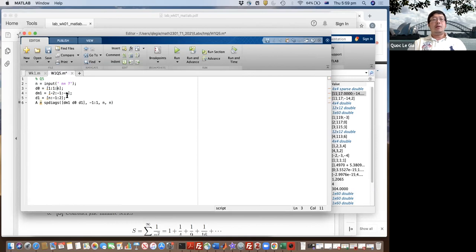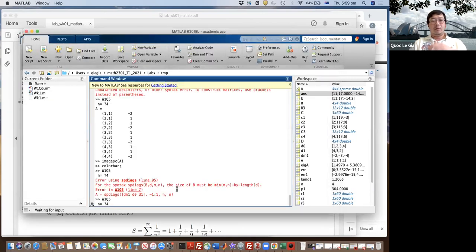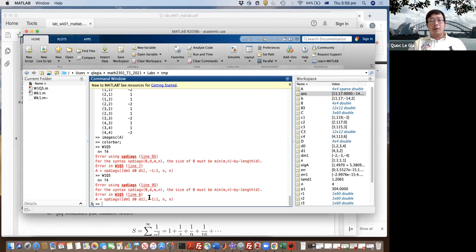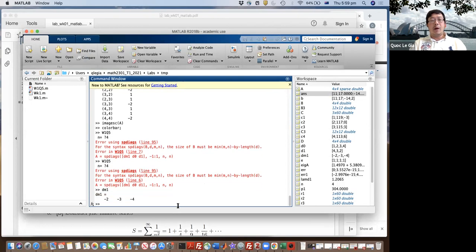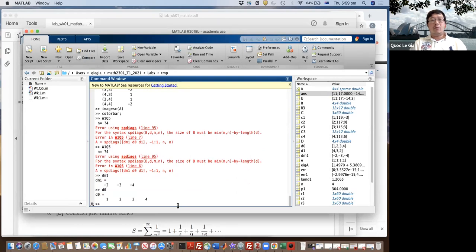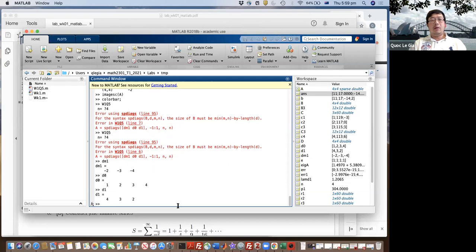If you write it like this, it is still okay. So the size of the matrix B. What is dm1? dm1 is -2, -3, -4. What is D0? D0 is 1, 2, 3, 4. So it's correct. What is D1? D1 is 4, 3, 2.